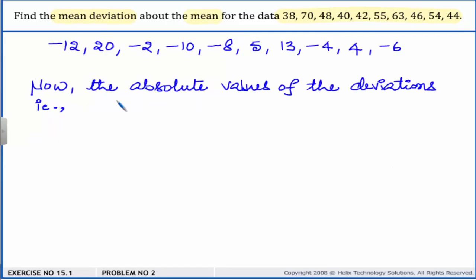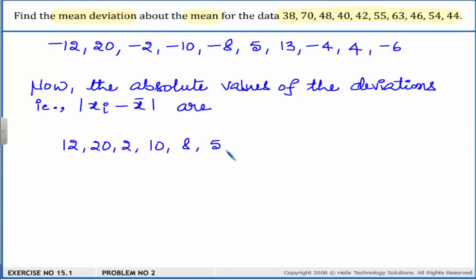Now, the absolute values of the above deviations are: absolute value of minus 12, which is equal to 12, 20, 2, 10, 8, 5, 13, 4, 4 and 6.